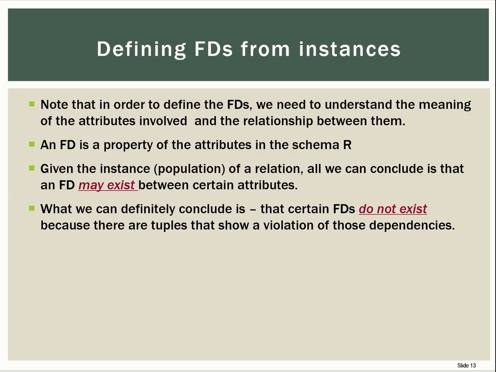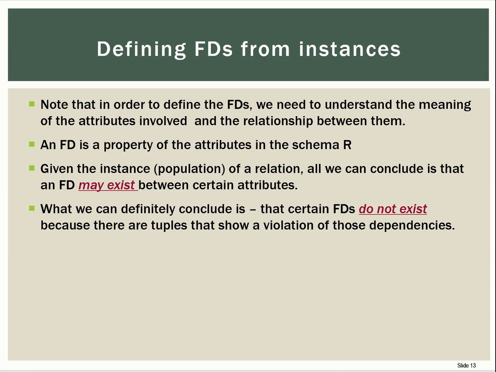One of the challenges of identifying functional dependencies from data is that you cannot prove that a functional dependency exists. You can only assert that a functional dependency may exist. However, you can clearly demonstrate that a functional dependency does not exist if you see data that violates that functional dependency.